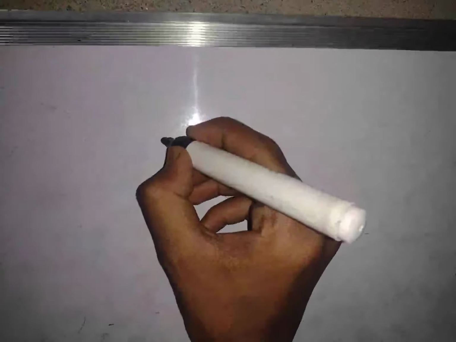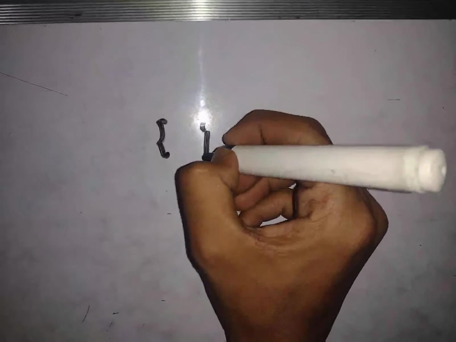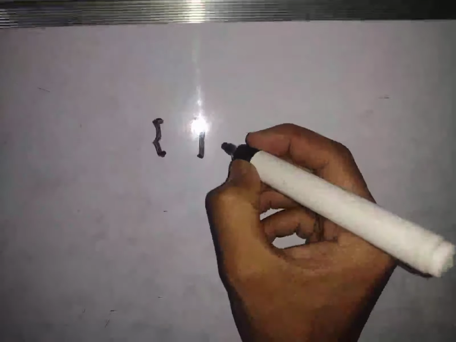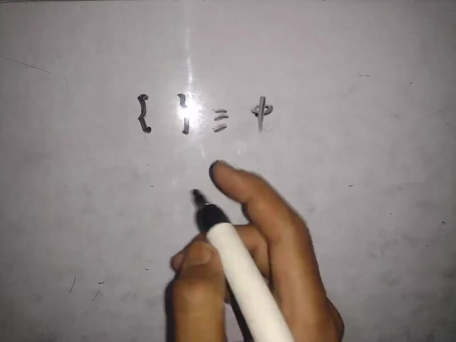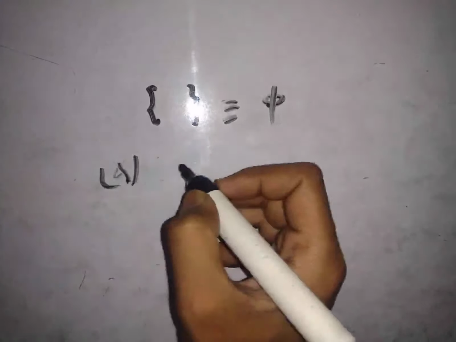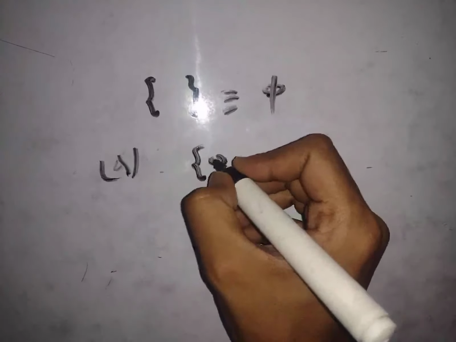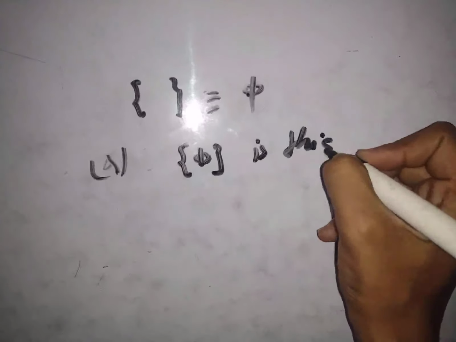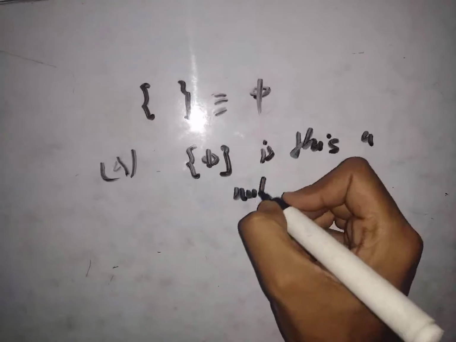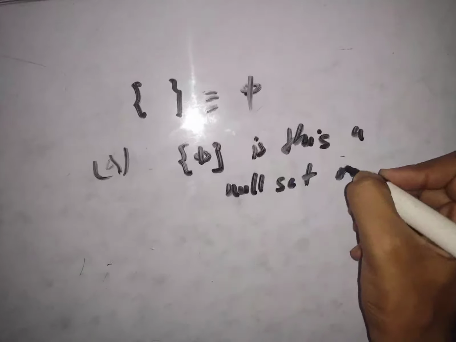Null set is represented by this. This means null set, or we can simply represent it by the Greek letter phi. This is the null set. So the question is, is this a null set or not?